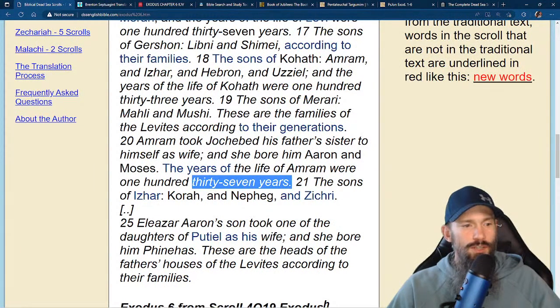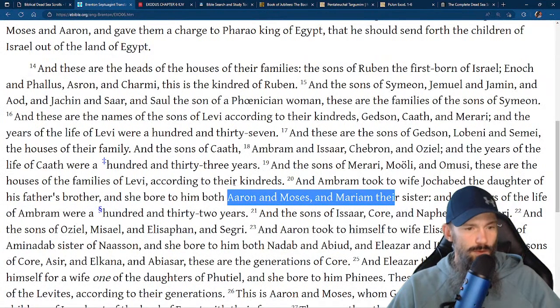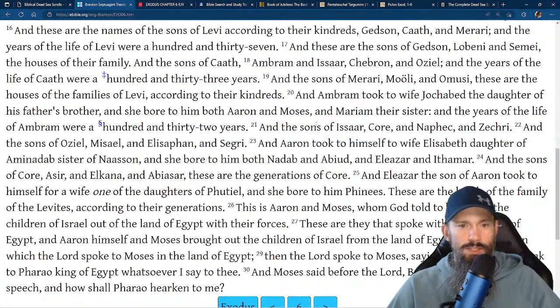The sons of Ishar: Korah, Nepheg, and Zikri. So that's 21. The sons of Uzziel: Mishael, Elisaphan, and Segri.